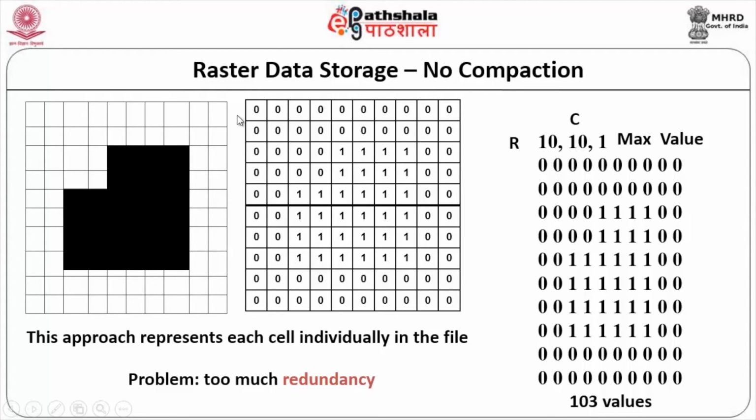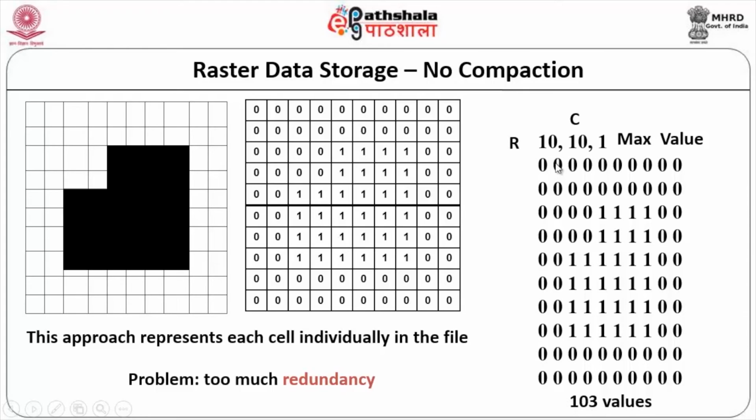Hence, I will have to have 10 rows and 10 columns, and of course, the maximum value is only 1. Here you see everywhere you have values. So, there will be 103 values, do not get carried away, do not worry what this 103 is. 10 by 10 cells will be 100, and the number of rows, number of columns and the maximum value will form the other 3 values. So, 103 values may have to be stored here.